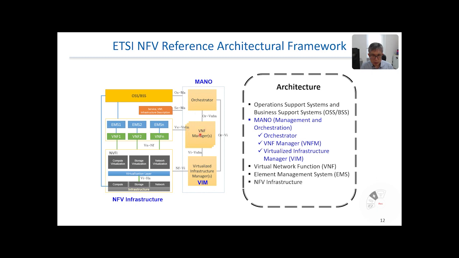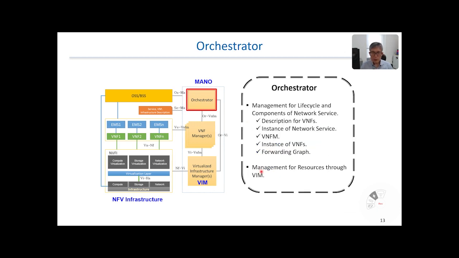The VNFM manages VNFs, and the VIM manages the NFVI, this infrastructure. So MANO, management and orchestration, consists of the orchestrator, the VNF manager (VNFM), and the virtualized infrastructure manager, VIM. Okay. So let's look at them one by one.